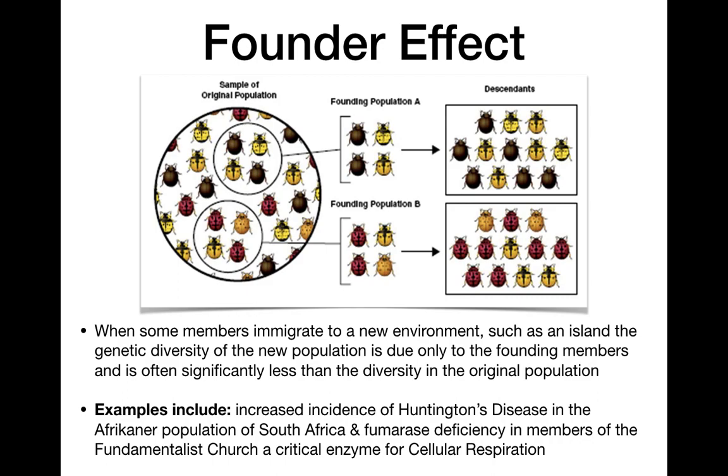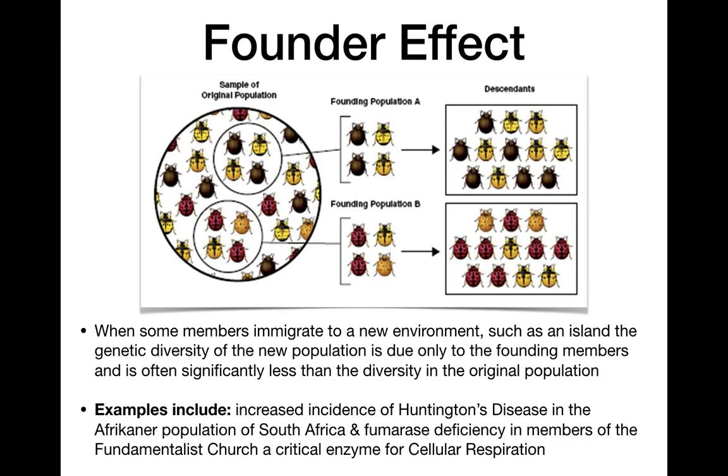The Afrikaners there, they stayed in a very small population and there was interbreeding for many generations. They founded a new population and they didn't mix with the locals, so it had a very limited genetic diversity. Only the alleles that were brought with them made that new population. And that happened to have slightly more frequency, more alleles for Huntington's disease than others, and there was a higher incidence of that in that particular population.